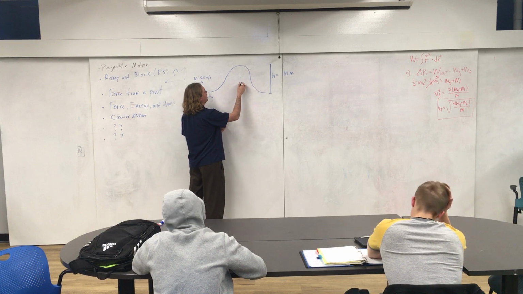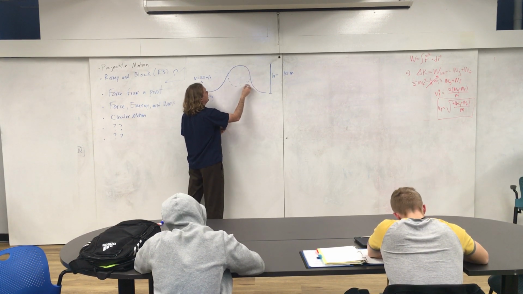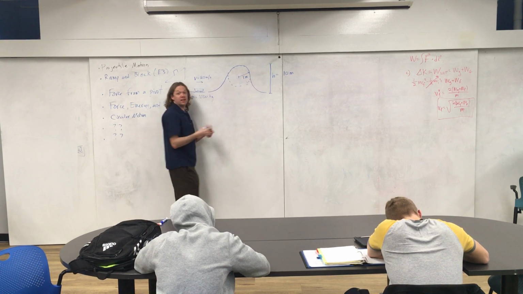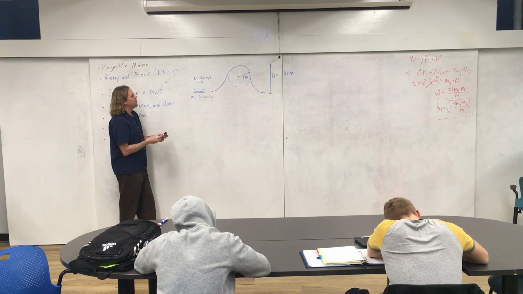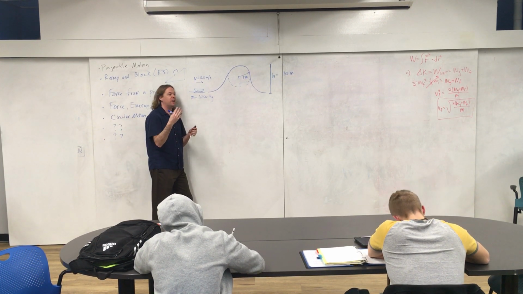And let's also say that at the top of the hill is a little circle. And that little circle has a radius of 5 meters. That's what we're going to need for the circular motion part of this. The way this problem works usually is it's a combination of conservation of energy and circular motion.